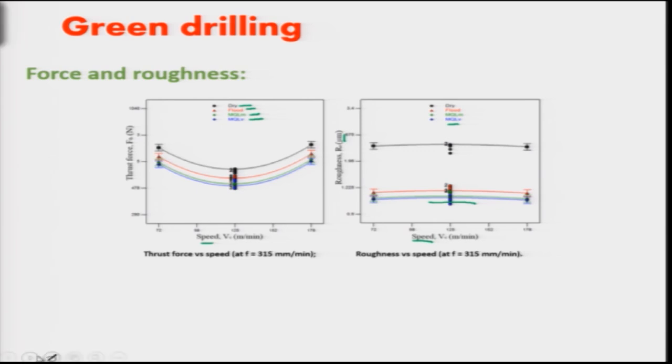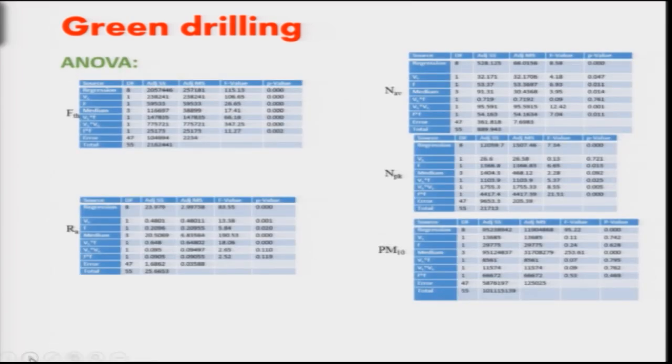For these data, these are the plots. The more important point to discuss here is the ANOVA table. We have got ANOVA tables for these different output parameters: thrust force, surface roughness, average noise intensity, peak noise intensity which is in decibel, and PM level, particulate matter 10, which is in micrograms per meter cube.